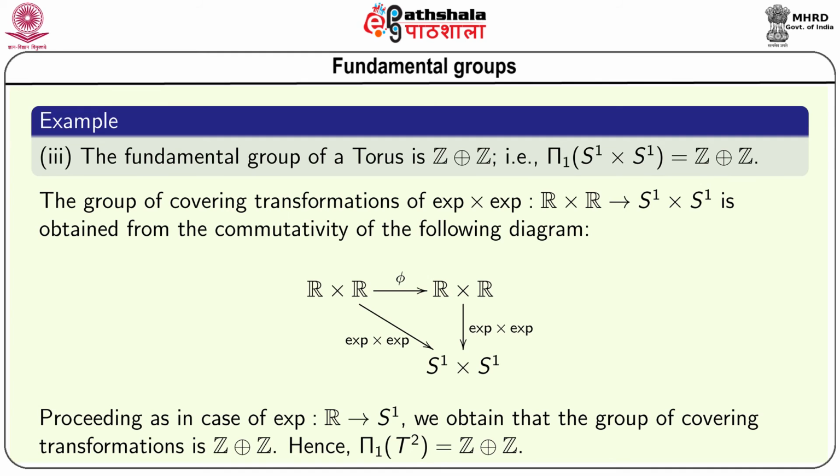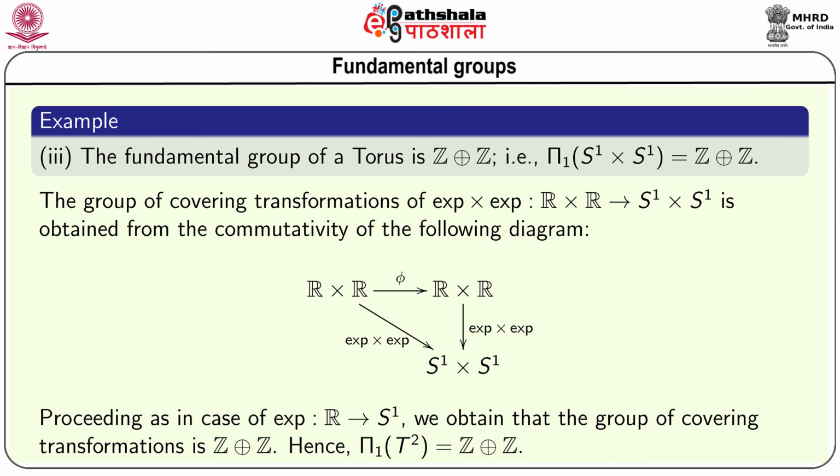If we take the torus, then the fundamental group of the torus is the direct sum of the infinite cyclic group Z with itself. We know that the covering space of a torus is R cross R, and the covering map is the exponential cross exponential map.